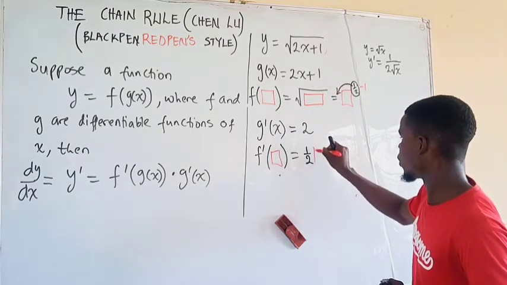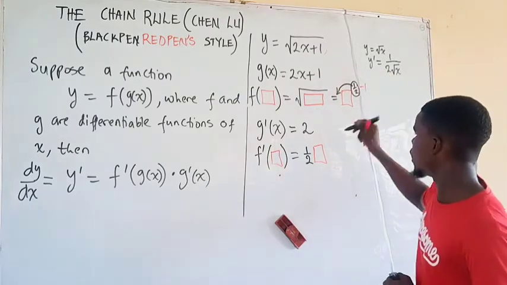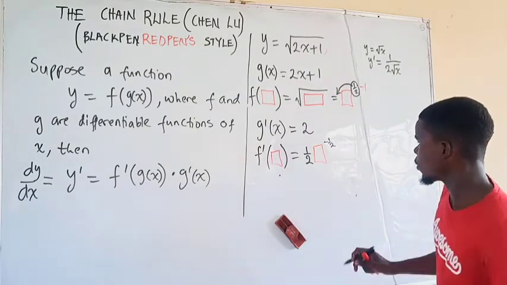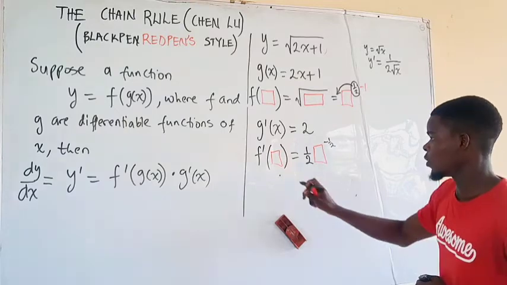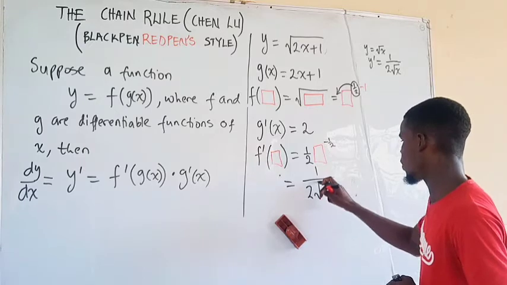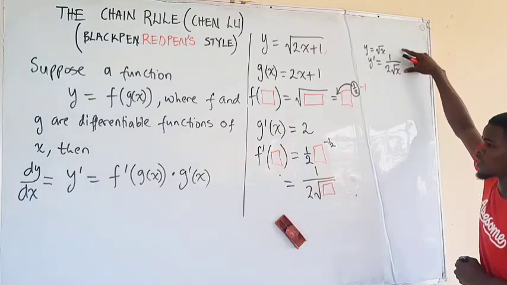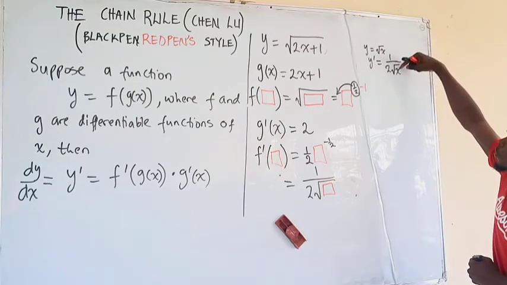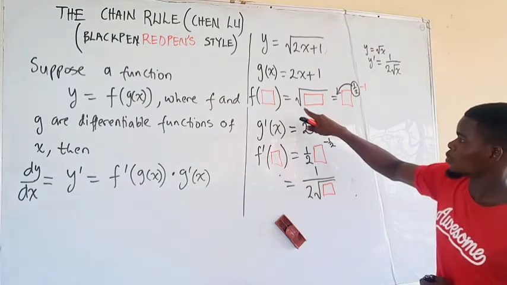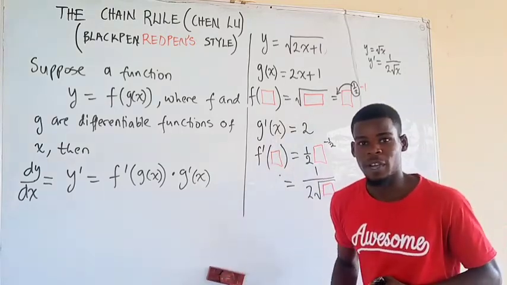Then we put down the box, and then we subtract 1 from 1/2. That is going to be negative 1/2. Good. And then we simplify this further. We're going to enter with 1 over 2 times the square root of that box. So remember, this is the same thing. Square root of x, 1 over 2 times the square root of that x. So now we have square root of this. It will be 1 over 2 times the square root of that, just by applying the power rule.